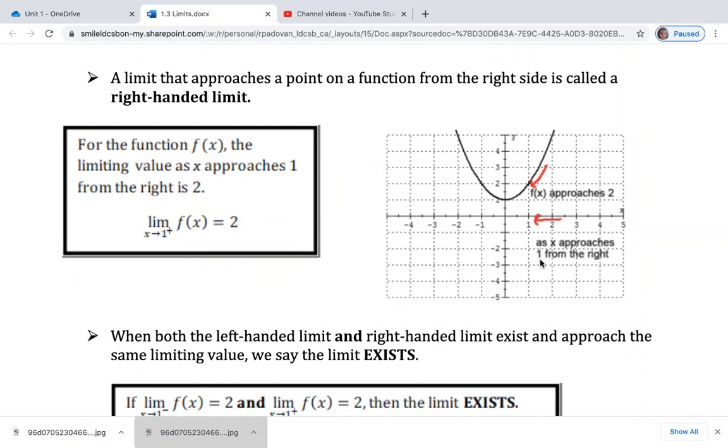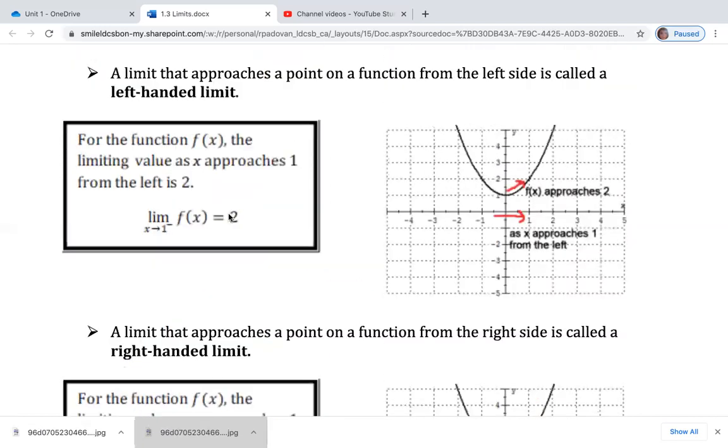My arrow is coming in this way from the right, so I have to follow the graph on the right-hand side. As I approach the value of 1, what is my y value? My y value is approaching, getting near 2. So the limit as x approaches 1 from the right side of the function f of x is a value of 2.